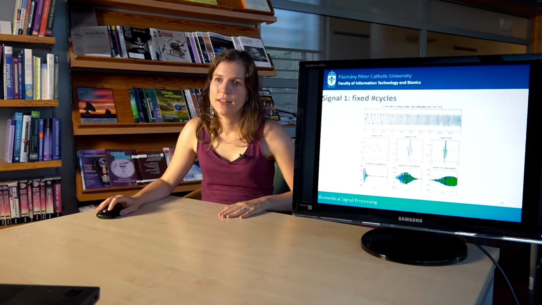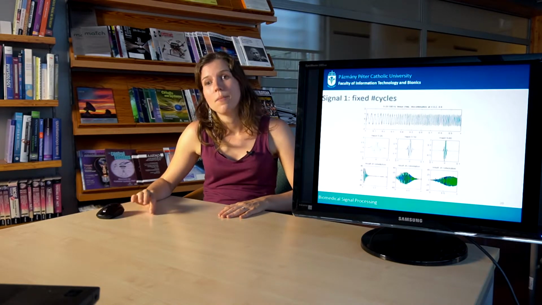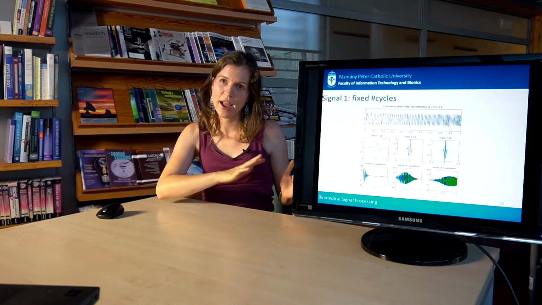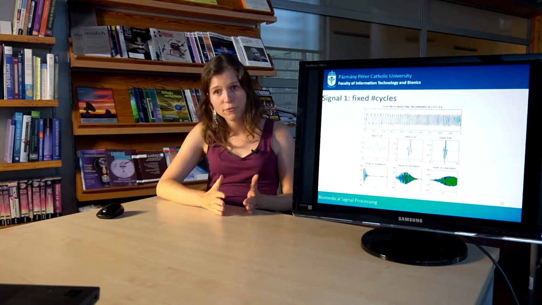The next possibility I would like to show you is a fixed number of cycles. So in the previous slides, we have seen fixed window lengths. One was a longer window where we had a good frequency response but bad time response. The next was a narrower window where we had a bad frequency response but a good time response.